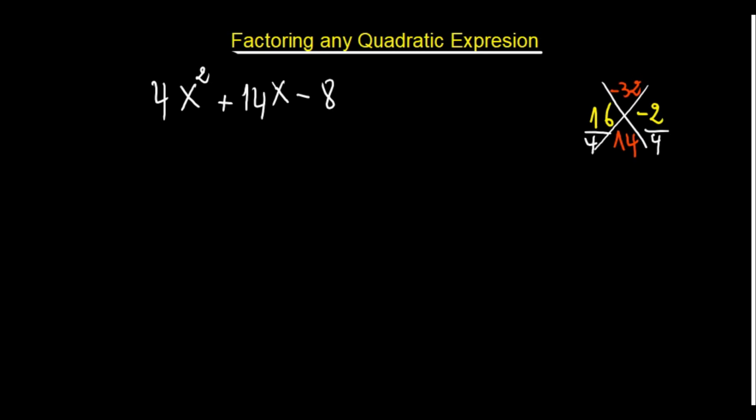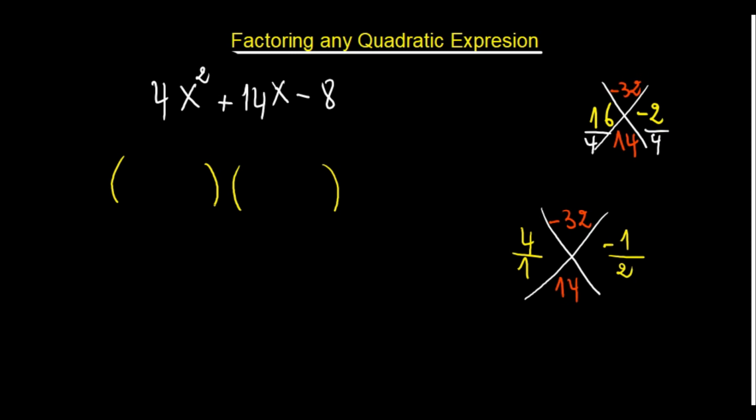These fractions simplify, so I'm going to write the simplified X down here: 4 over 1 and negative 1 over 2.